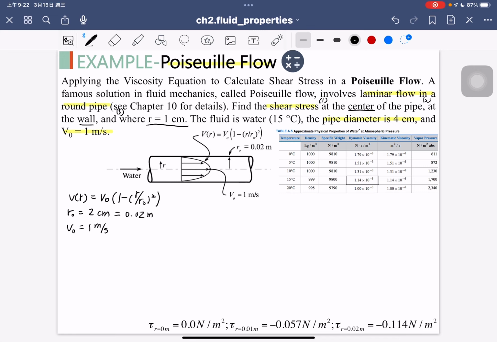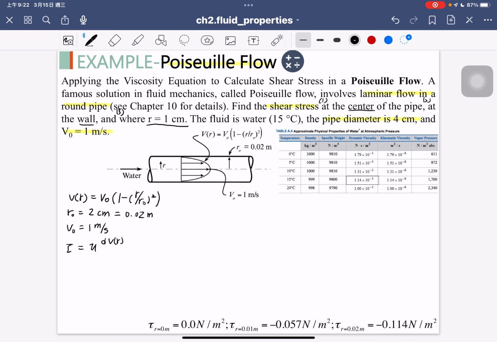Okay, so we go back to consider what we already know, which is the viscosity equation. So we write down our viscosity equation. We know that tau equals the dynamic viscosity multiplied by the velocity gradient.